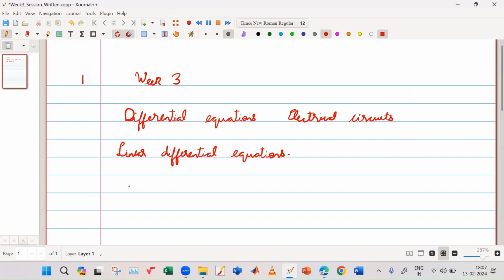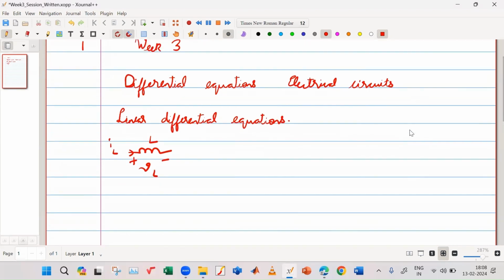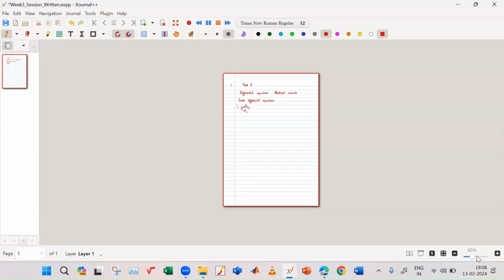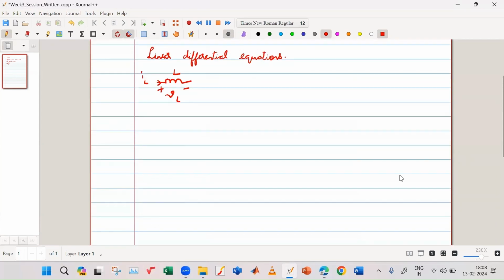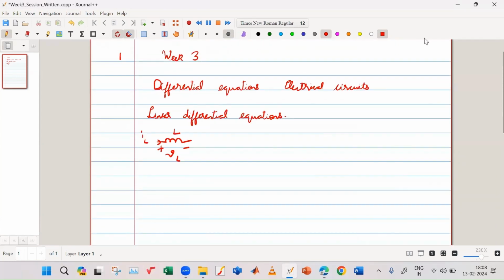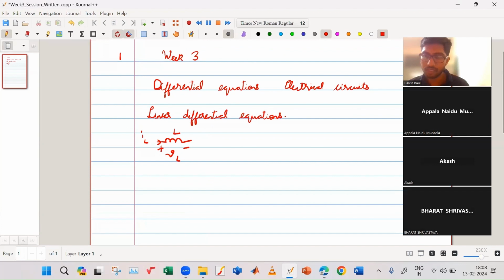So can you tell me, for an inductor, what is the relationship between your inductor voltage and your inductor current?